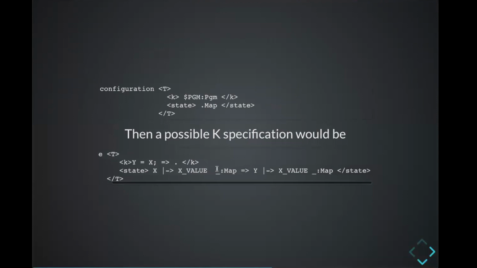A really cool thing about K is that we can also put in this little symbol right here, which in K means an anonymous variable. Anything will match this variable, and it's of type map. So essentially what the left-hand side of the spec rule says is that the state will be initialized with x having some value.